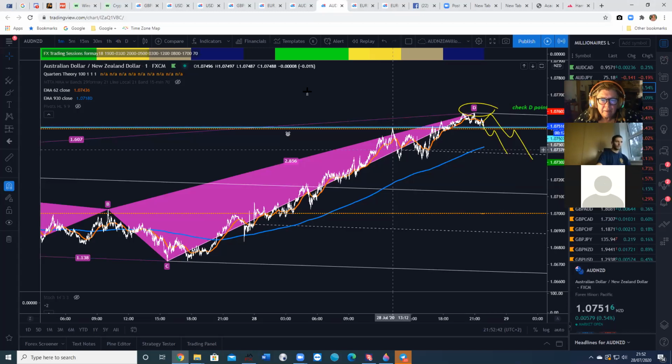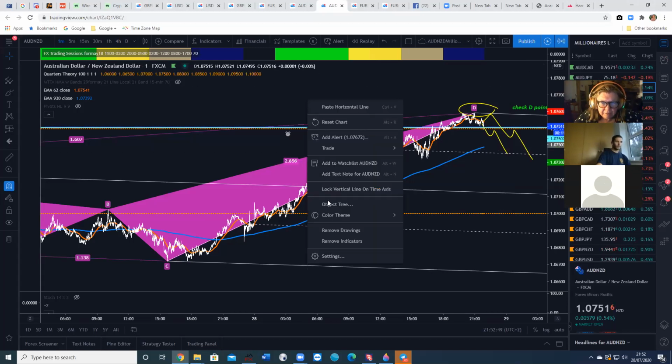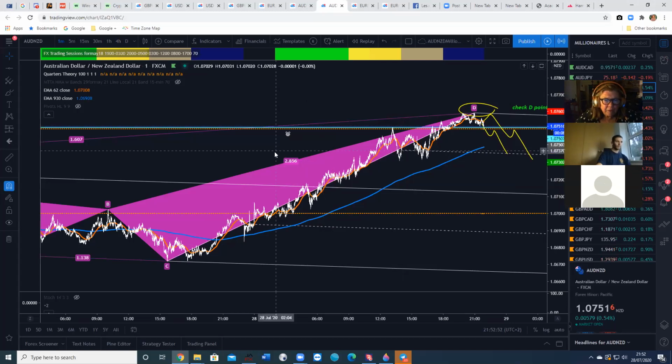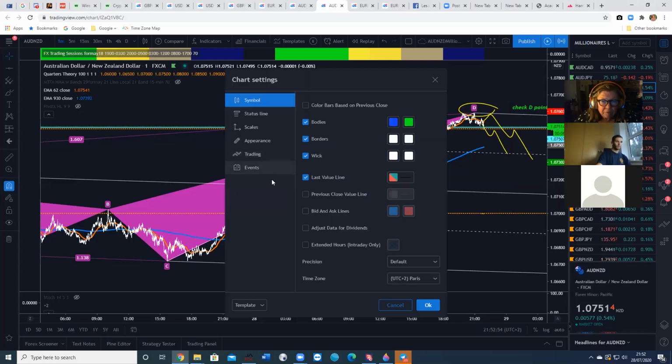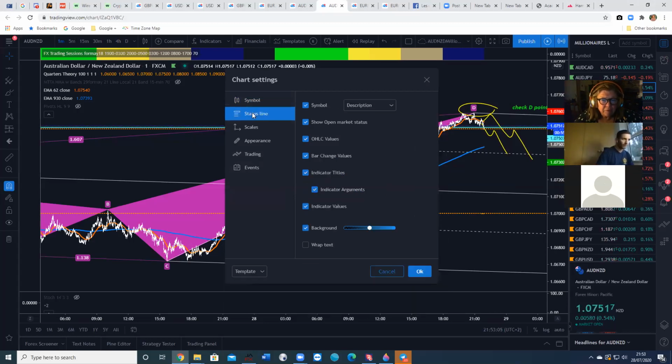So if I right click, have a look at settings on my chart while you look at yours. I just wonder if it's something in here. So the top one is just to do with candles and local time zone at the bottom. So there's not going to be anything on there that's going to make it move. Status line, I never moved anything on that.